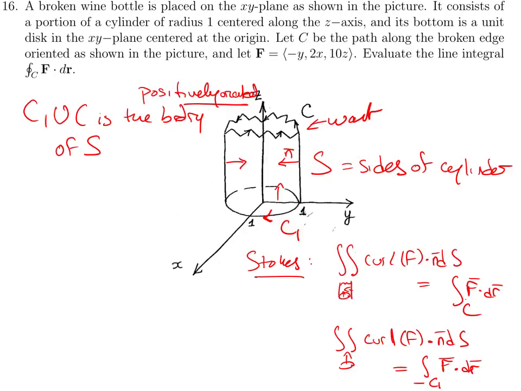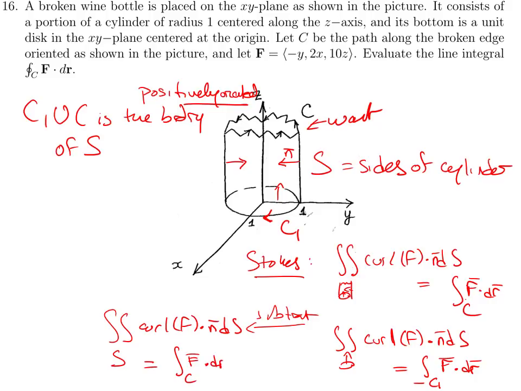And so now if I subtract these two things, what I get is that the double integral along S, which is the bottle with the base minus the bottle without the base, the flux of the curl of F, is actually equal to the line integral along C plus the line integral along C1. So you see that the sign got reversed because I subtracted. And this is the fact that I'm going to use to compute the line integral along C.